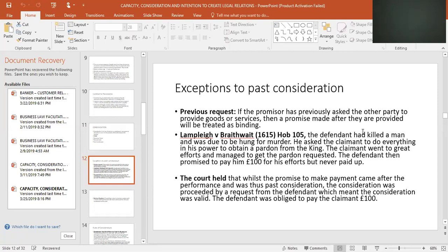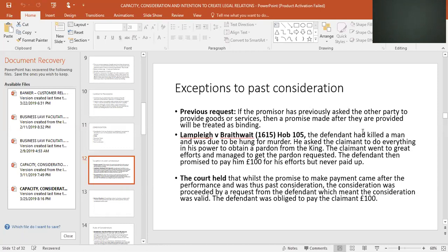Now, when this guy was pressing the defendant to speak to the king on his behalf, the defendant happened to have made a promise that if he's released, as in he becomes a free man, he will pay him £100 for his efforts.